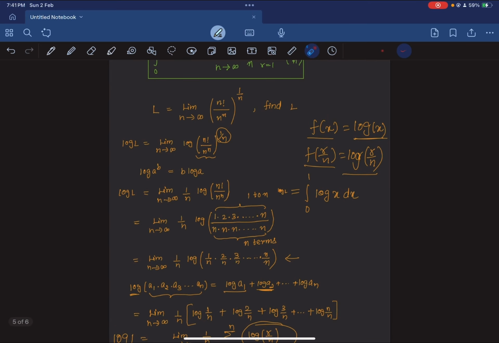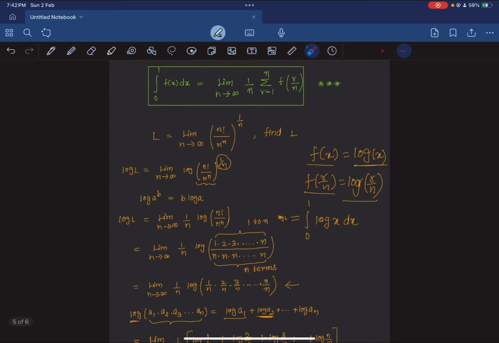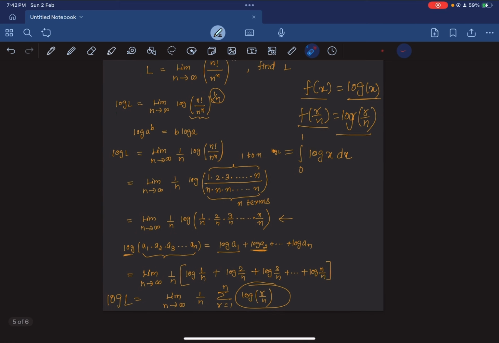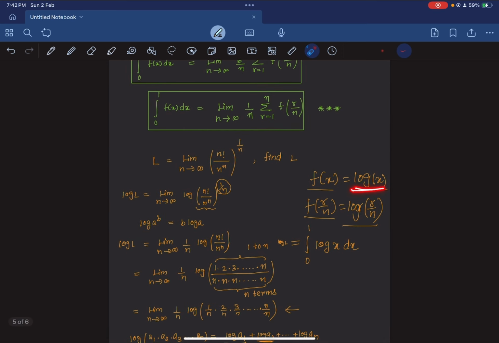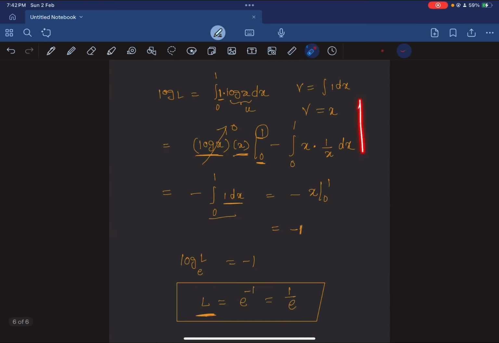And then we figured out what the function f of x is by comparing this with the representation of the limit that we achieved. We found log of f of x, and then all we had to do was find the integral 0 to 1 f of x dx. Right, we have just done that. So log L is integral 0 to 1 f of x dx. Here we have used integration by parts to compute the value of the integral and eventually find the value of the limit.